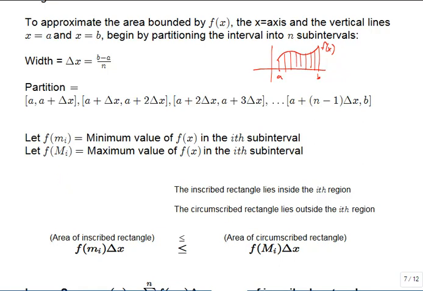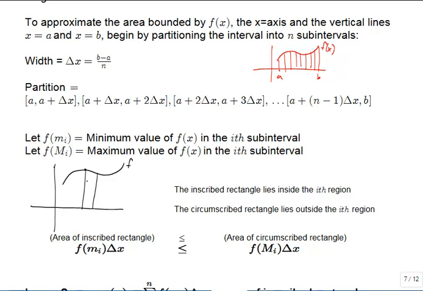So if we draw a picture of this, I'm just going to make up a graph here, and take a look at just one particular subinterval, one particular rectangle, if you will. On this particular graph, you can see that on this section of the function, the highest value happens to correspond to that left endpoint. And again, that's just because of the shape of this particular function.